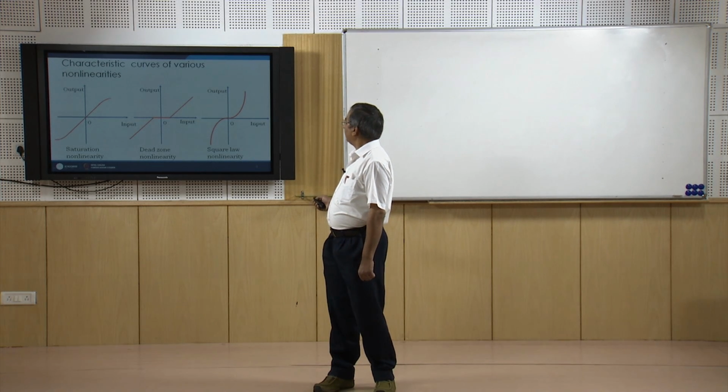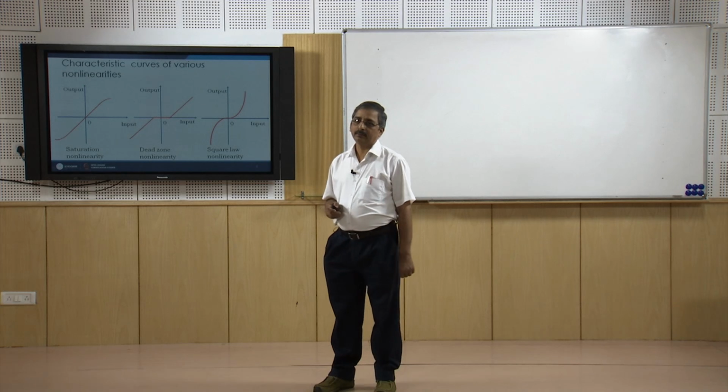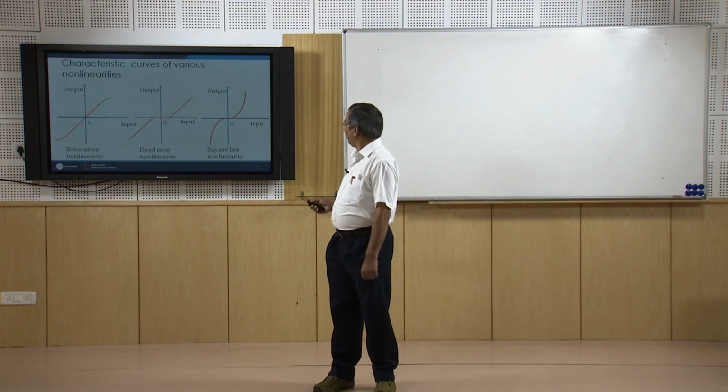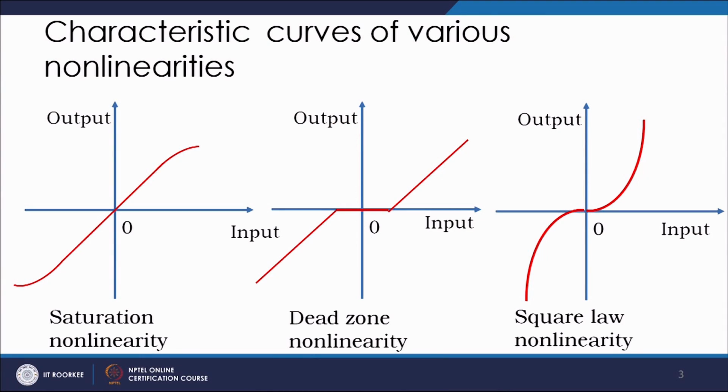The other type could be the square law non-linearity. Here, if you see the input and output, the output varies almost with the square of the input.